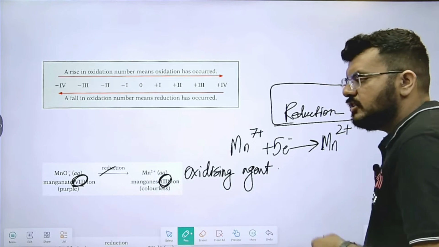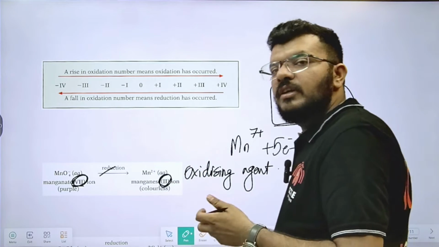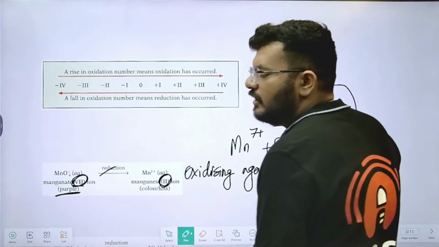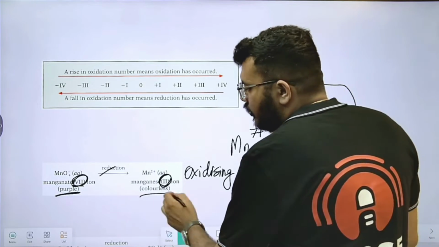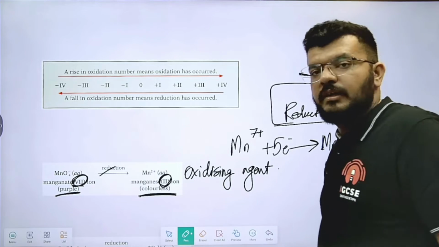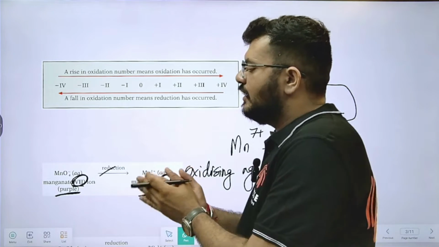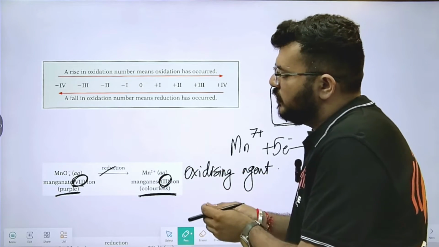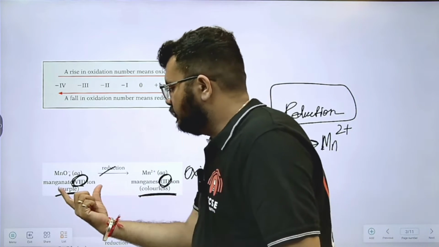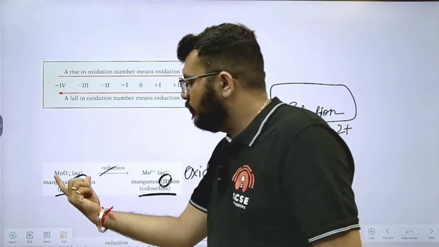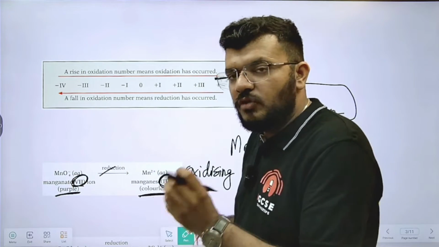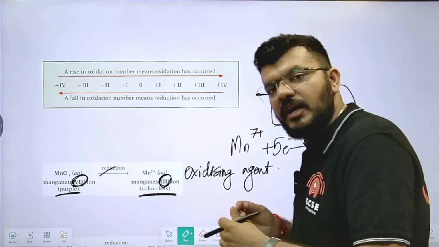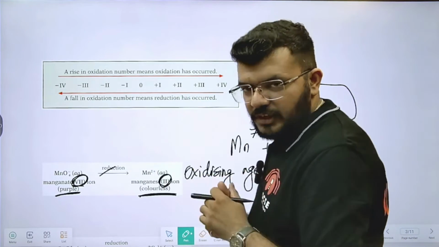This oxidizing agent indicates its oxidation power with color. For the 7 plus ion, the color is purple. For the 2 plus ion, the color is colorless. So if I take sulfur dioxide gas, and I take a strip which I have dipped in a solution of manganate ion, and I expose this strip to sulfur dioxide, it can be oxidized to sulfur trioxide.